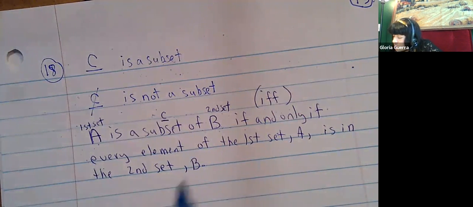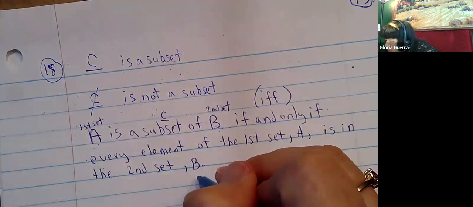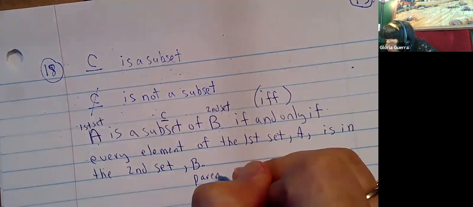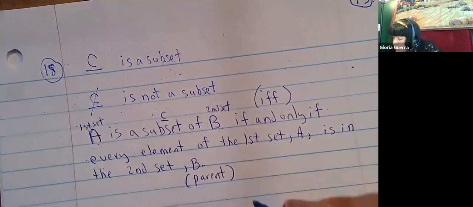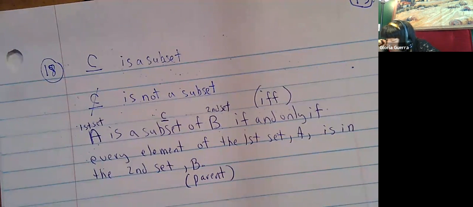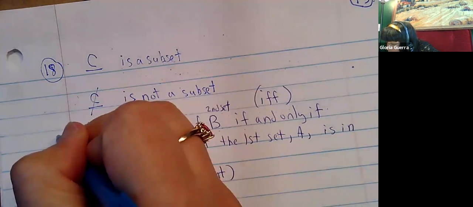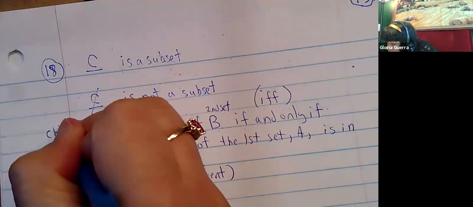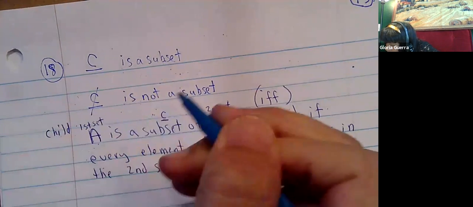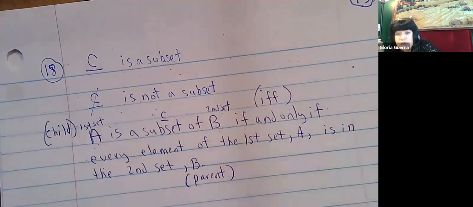So they often call B the parent set, and they also sometimes call A, the first one, the child. So kind of like that reference. So B is the parent set.